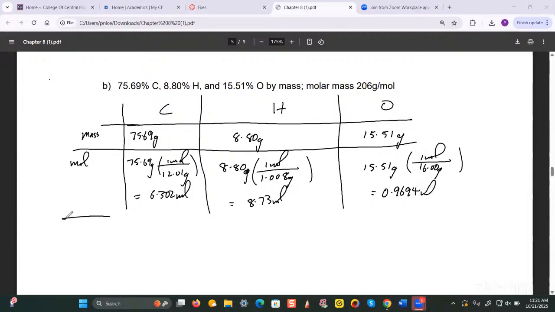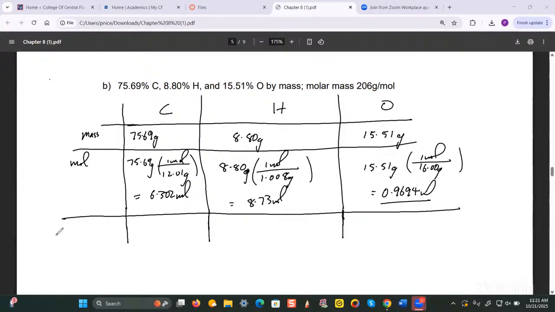The next step is where we try to find the simplest mole ratio of these elements present in this compound. And the way we do that is that we look at each of these mole values here and we choose the one that is the lowest, right? Which would be the 0.9694. And then we divide each of them by that lowest value, right?